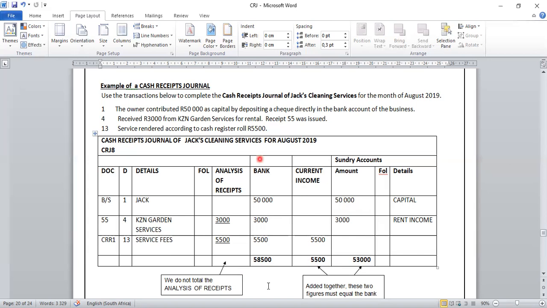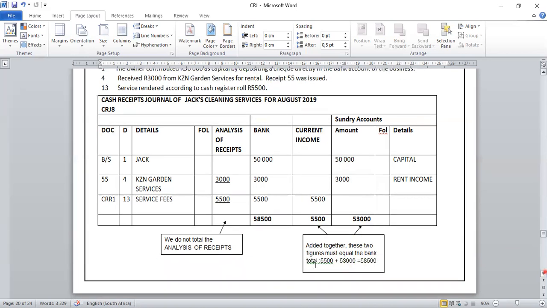Then our bank column is 58,500. Learners, these two columns, your sundry amount column and your current income column, if you add them together, should give you your bank column. So if these two are added together, the figures must equal the bank total.